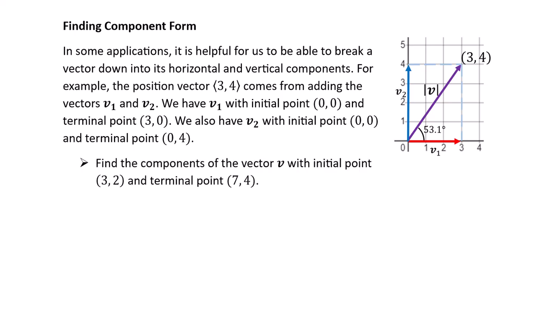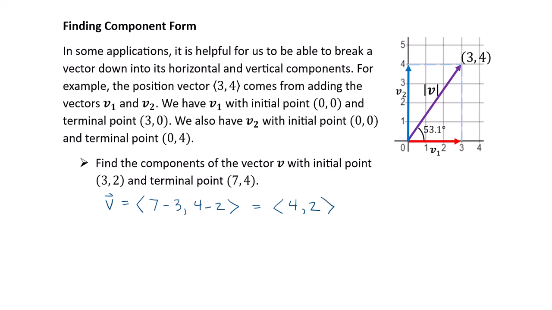Find the components of the vector v with initial point (3, 2) and terminal point (7, 4). Vector v, first we want to find the position vector. The position vector will be the terminal minus initial, terminal minus initial. So vector v results in ⟨4, 2⟩.